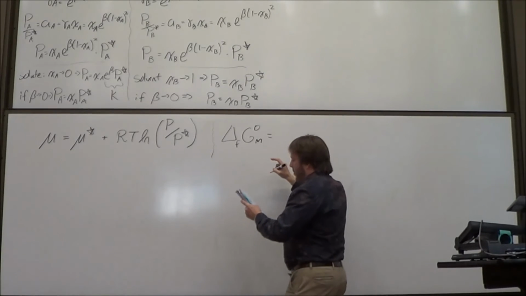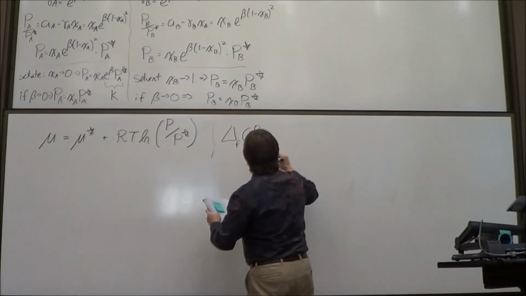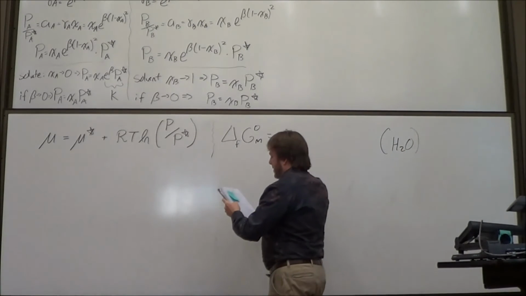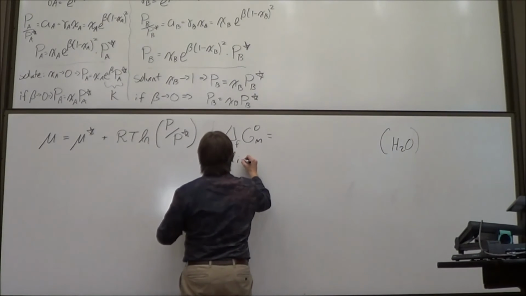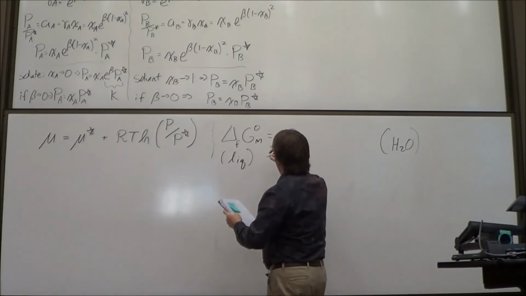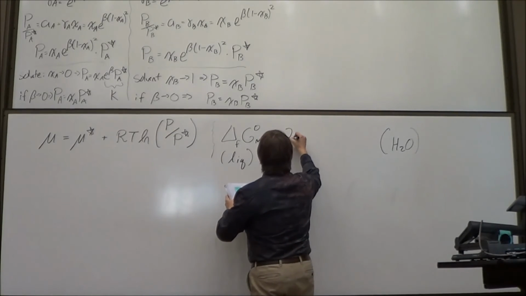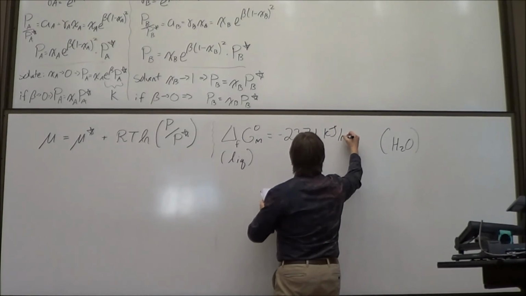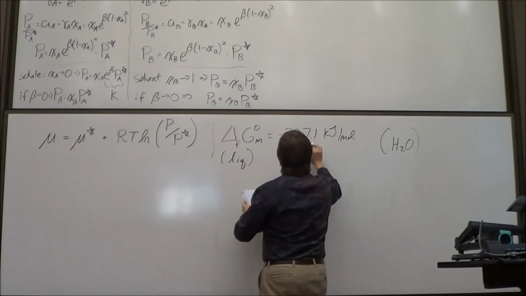Remember, that makes it a chemical potential of water. So all this is H2O, and this is the liquid. I should put a little L there, but anyway, minus 237.1 kilojoules. It better be per mole because it's a chemical potential.